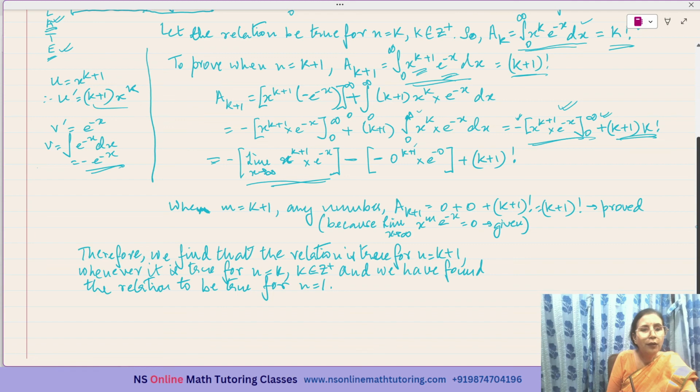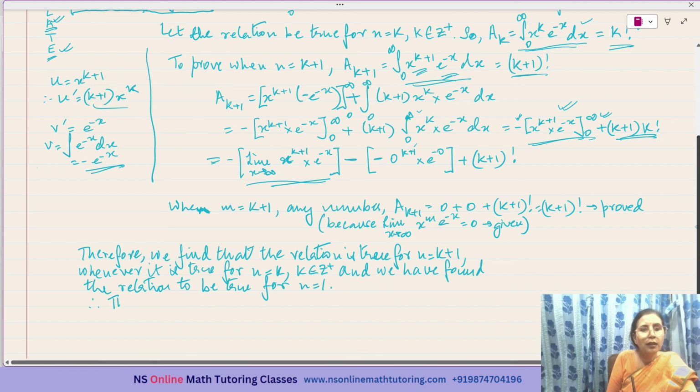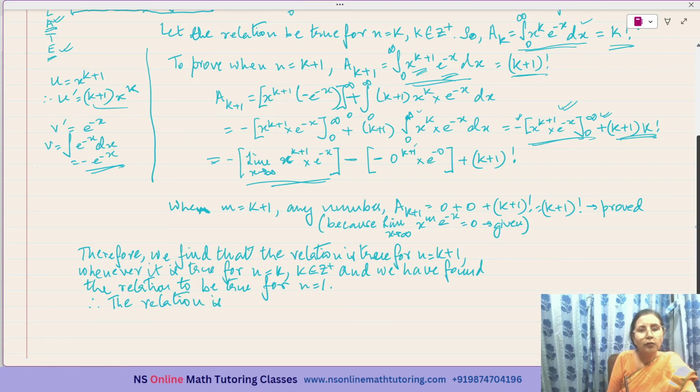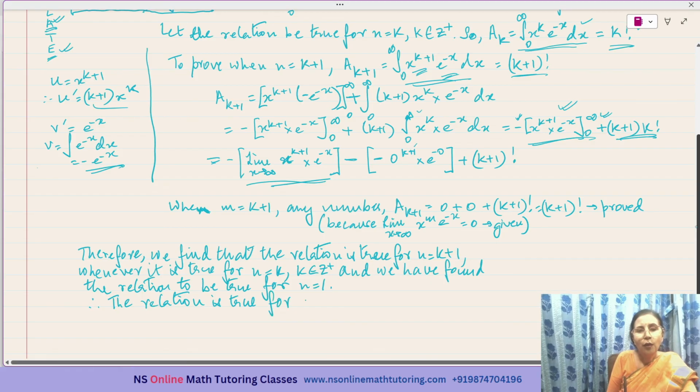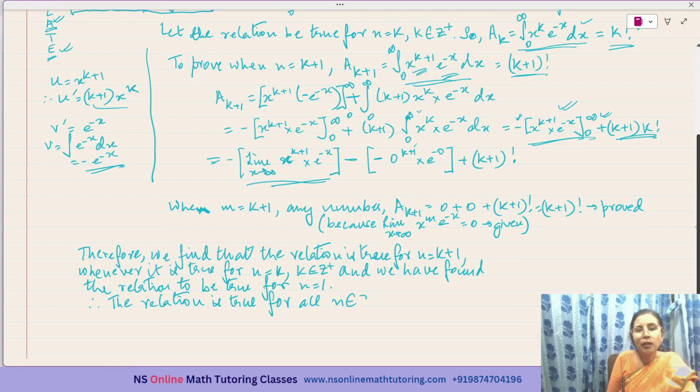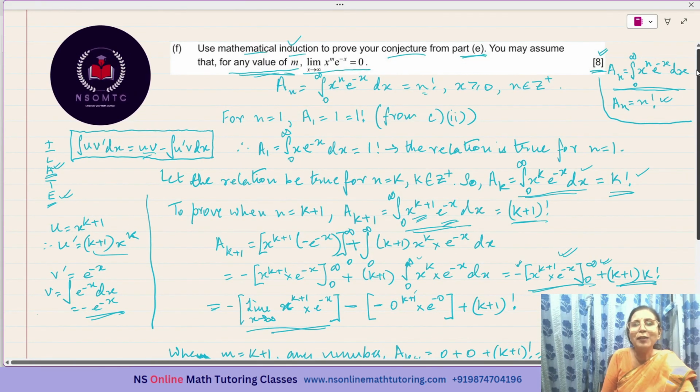Okay. Therefore, the relation is true for all n belonging to the set of positive integers. Okay. So this is the answer for the subpart F, and we have got 8 marks.